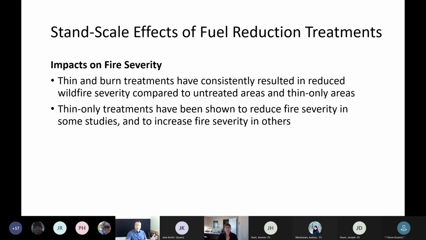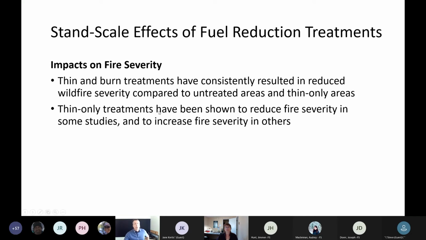In fact, in some cases, thinning by itself, because it can increase surface fuels as a result of slash inputs, can actually result in increased fire severity compared to untreated stands. That's not always the case. There are more examples in the literature of cases where thinning treatments actually do contribute to at least modest reductions in fire severity compared to untreated stands.